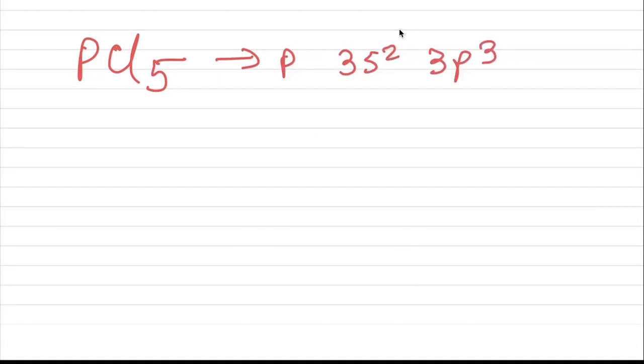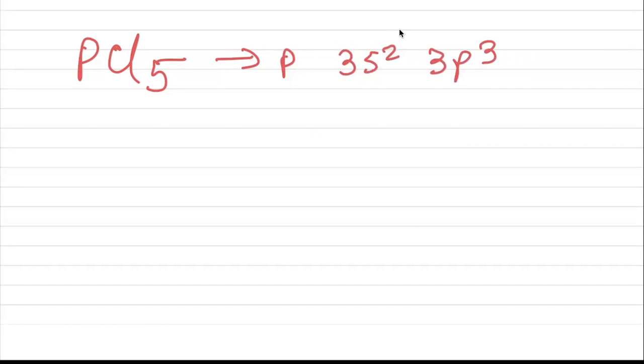Okay, let's see the formation of PCl5. The configuration for phosphorus is 3s2 3p3.